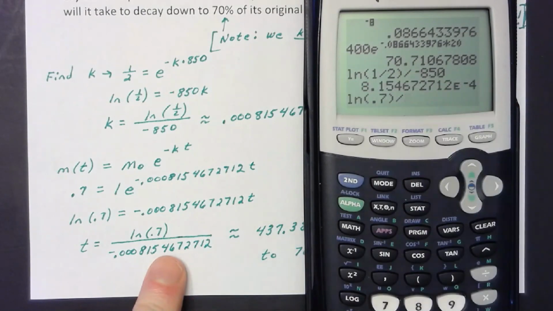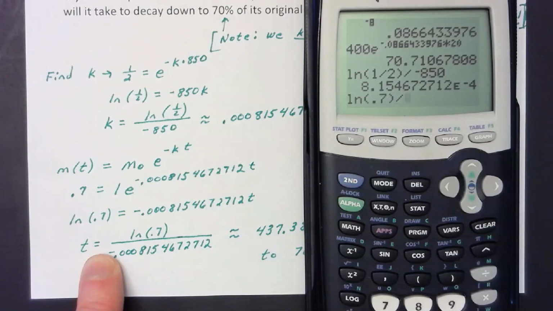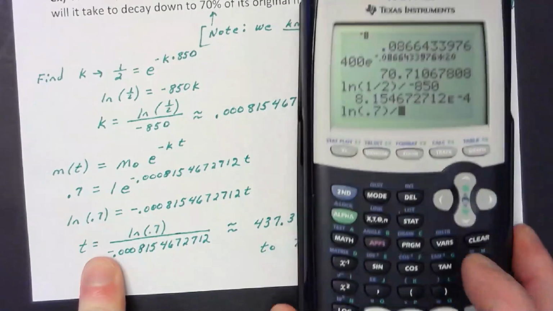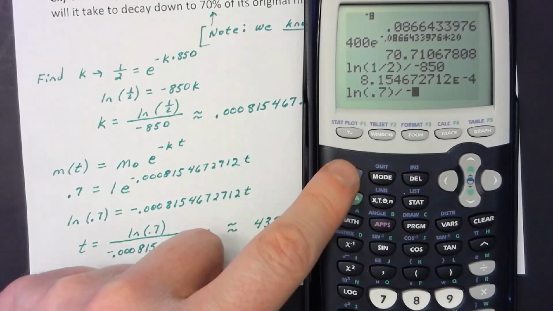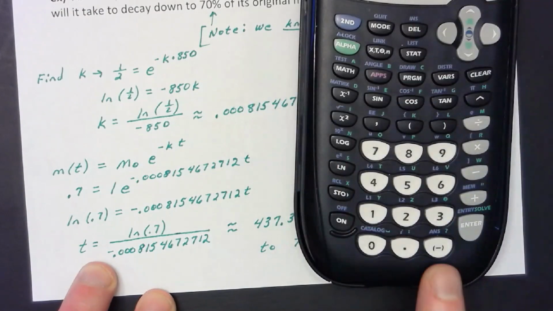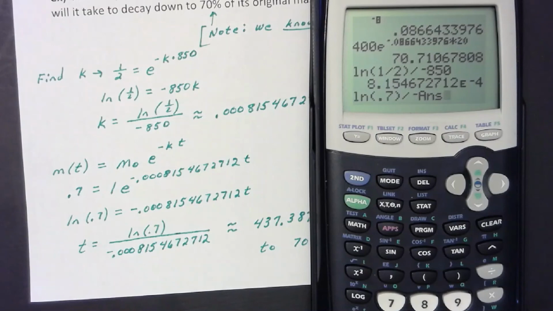I need to be careful if I do that because I know I had to make that negative. It's not negative right here, so I'll hit the negative button on my calculator, divided by the negative, and then second negative to pull up that last answer. So all I did is hit negative and then second negative to pull up the last answer, and no problem.